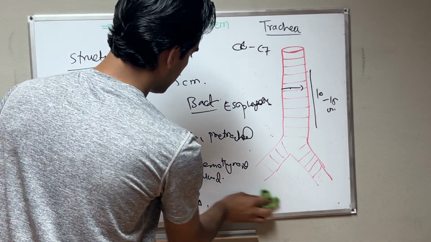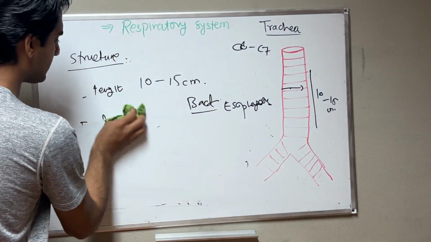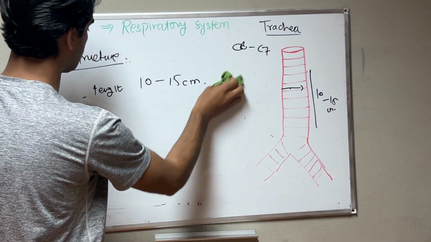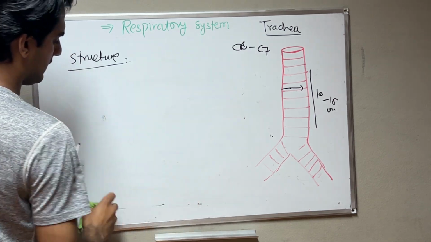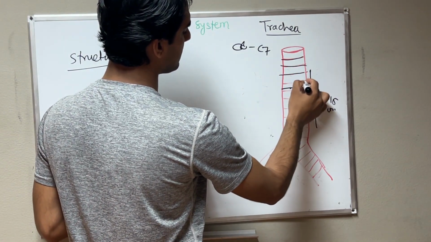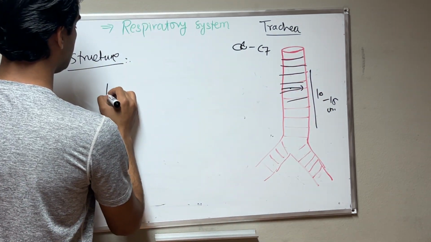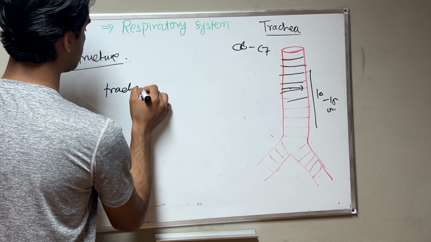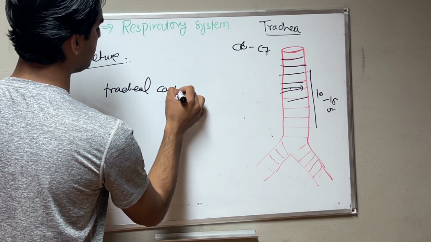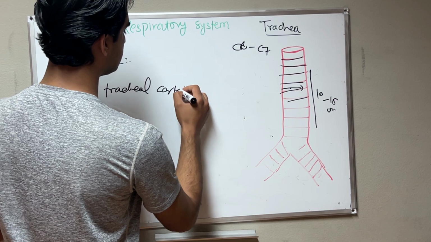Now, more about the structure of the trachea. Here is the cartilage of the trachea, the tracheal cartilage, which maintains the cartilaginous structure of the trachea.